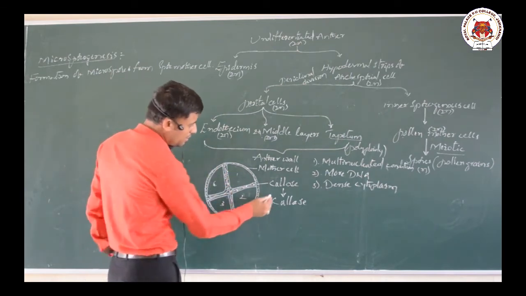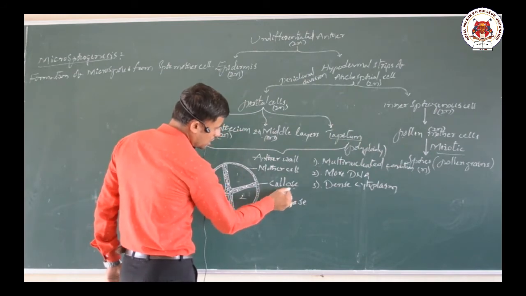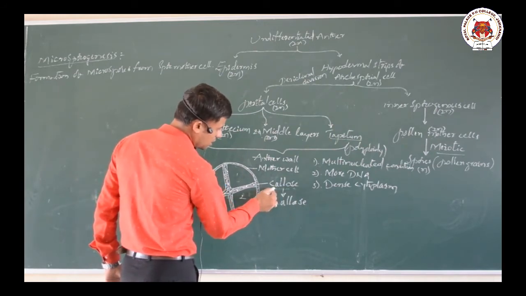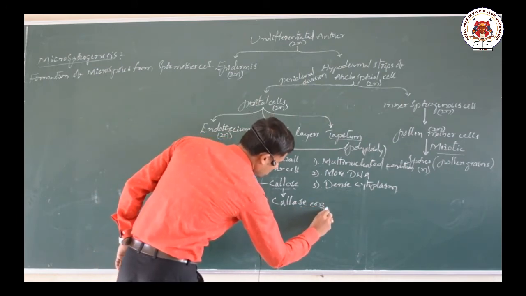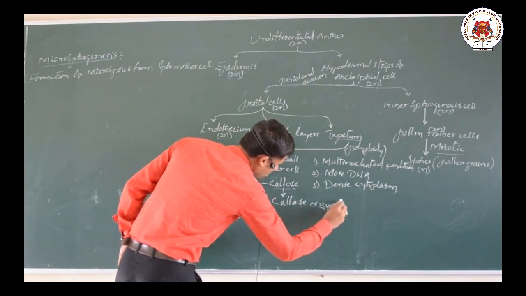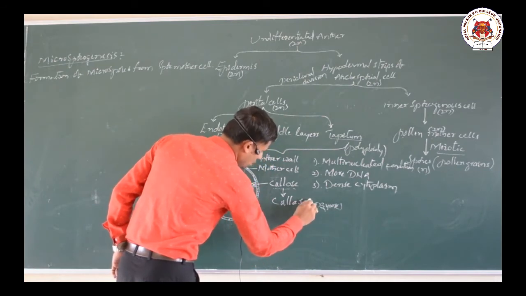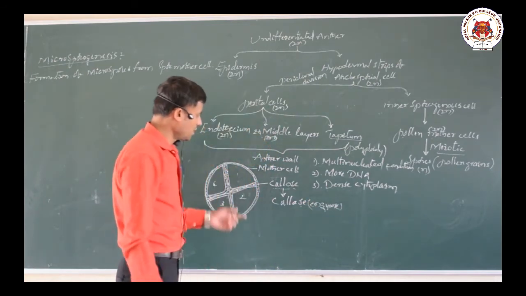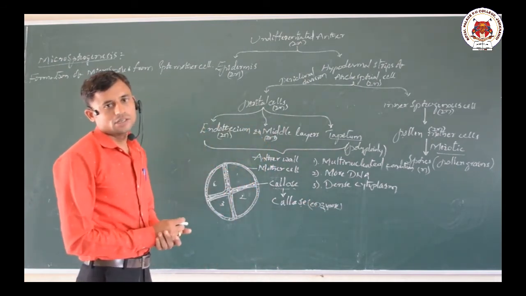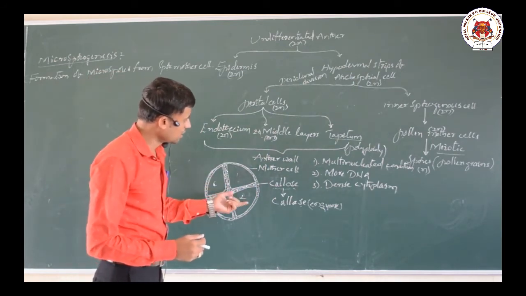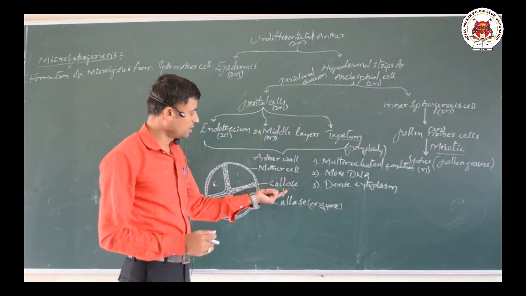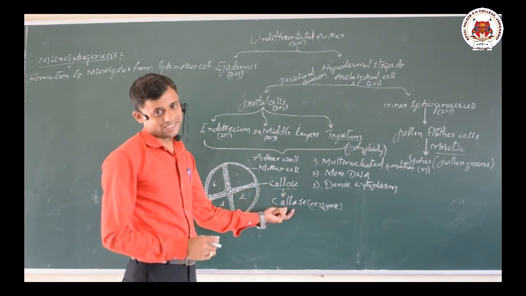So the callase enzyme, by rupturing the callose layer, plays the major role in the production of individual spores.